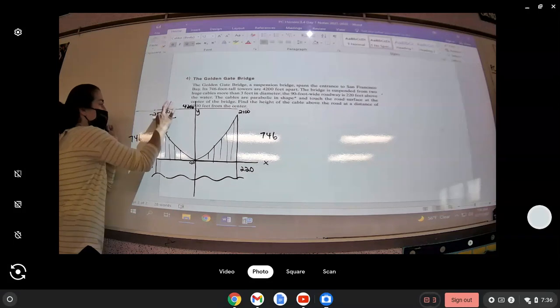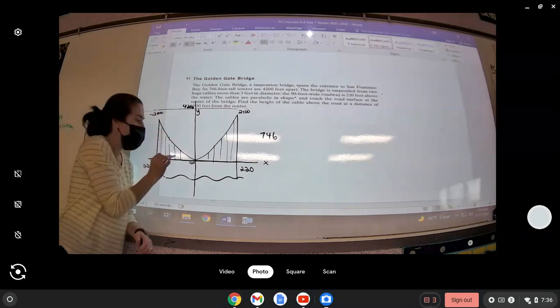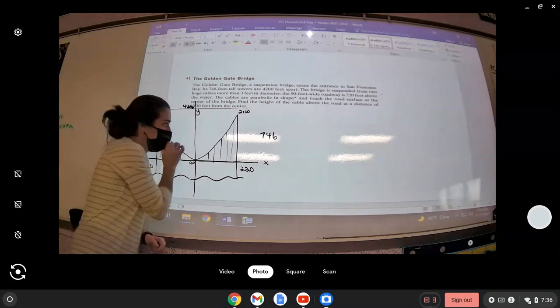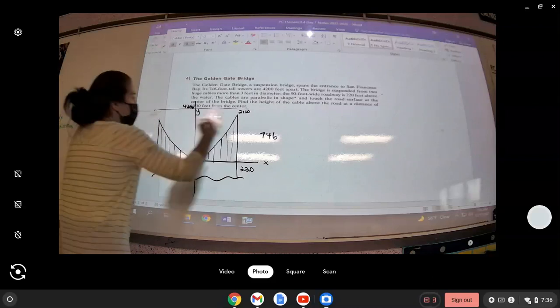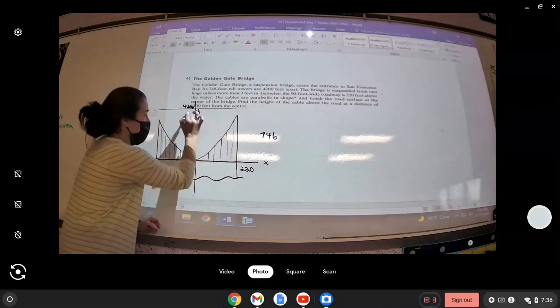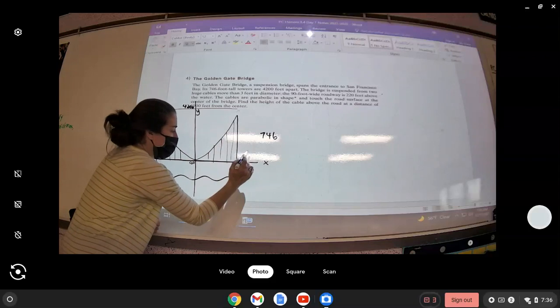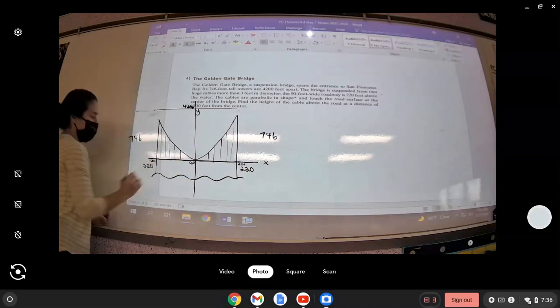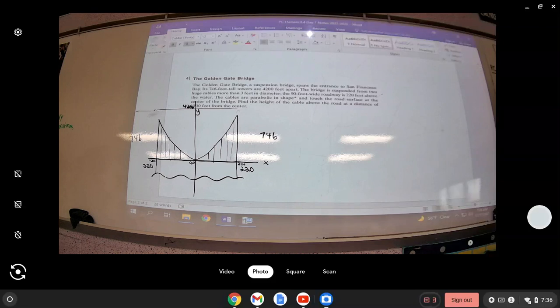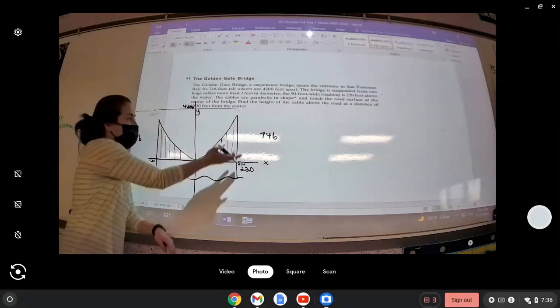Okay. Perfect. Oh, I'm sorry, I'm labeling it wrong. This is 2,100, so that's the x coordinate, right? That's 2,100, sorry. And that's negative 2,100. My bad.